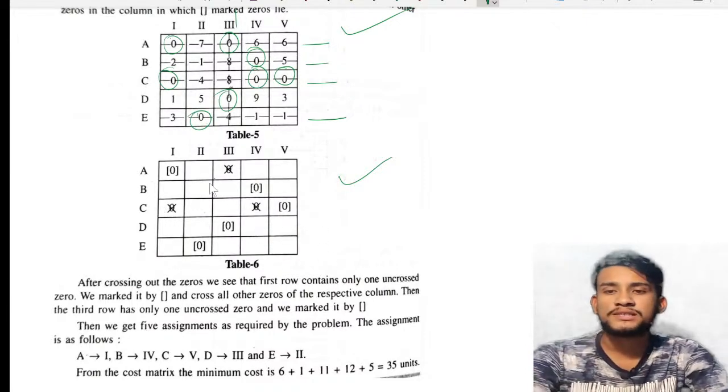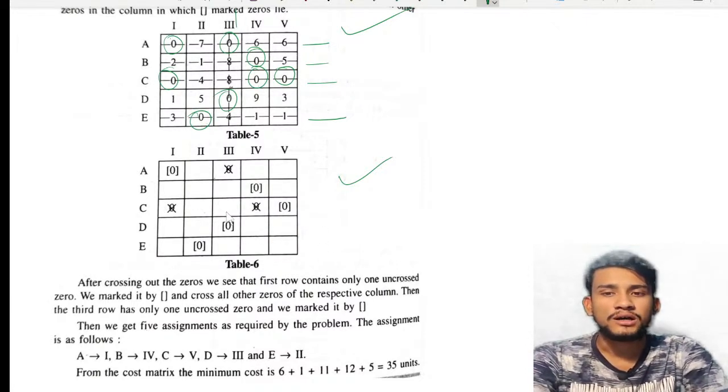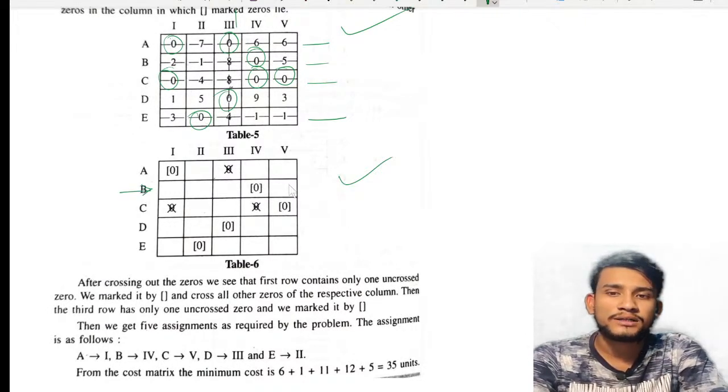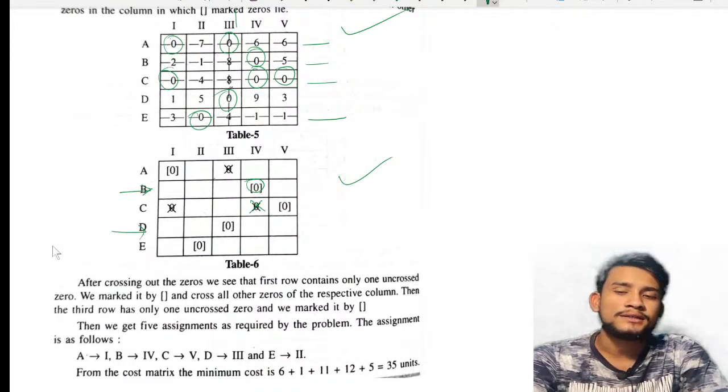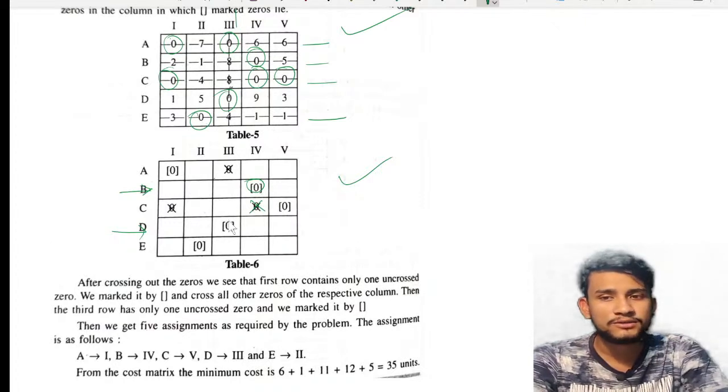Now we first see the rows in which the row contains a single 0. So see, in the second row, this row contains a single 0. So we choose this 0 and cross out the corresponding zeros in the corresponding column. Okay, so we crossed out this 0. Now in the fourth column there is a single 0, therefore we choose this 0 and cross out the zeros corresponding to that column.